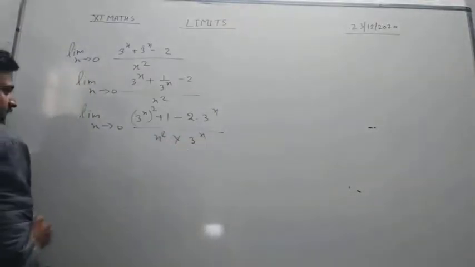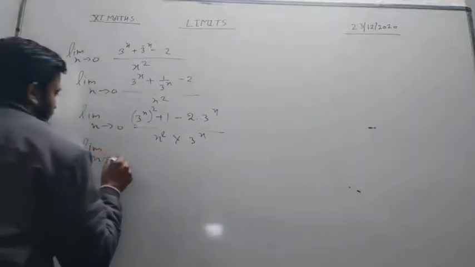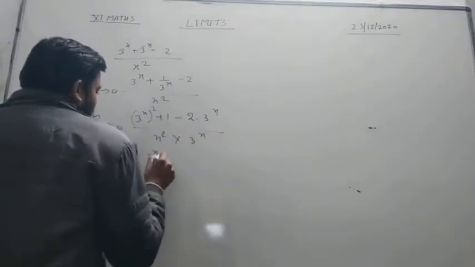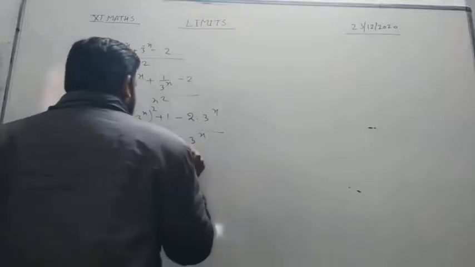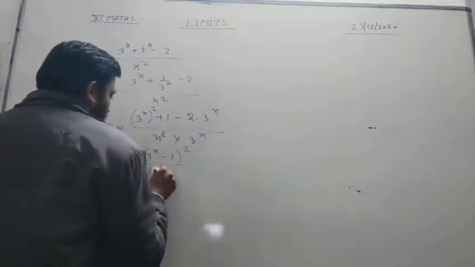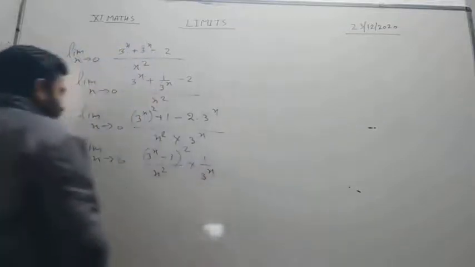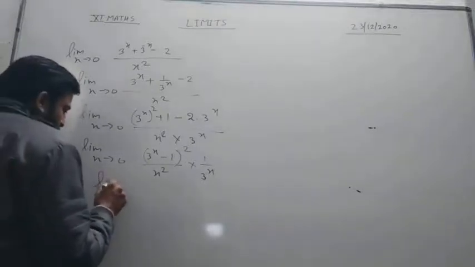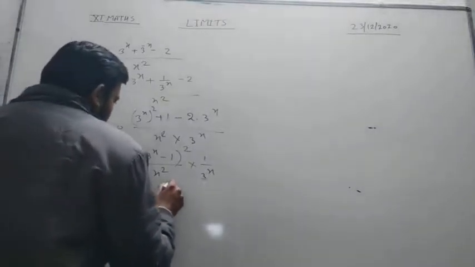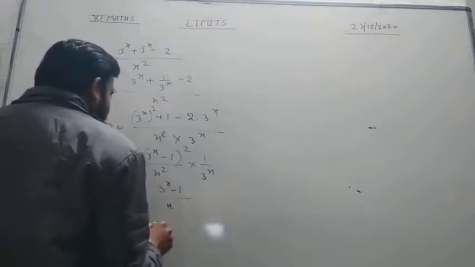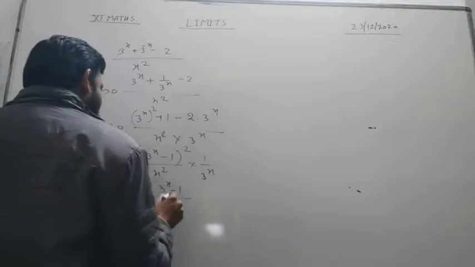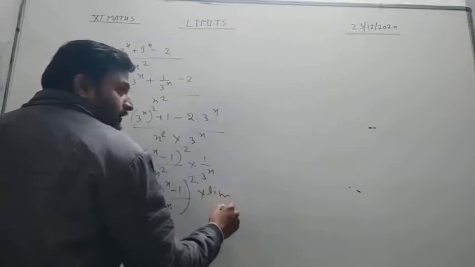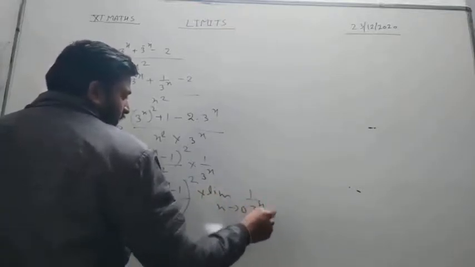Okay, now limit x tends to 0, we can write this as a² + b² − 2ab. So this can be written as (3^x − 1)² over x² into 1 by 3^x. So limit x tends to 0, ((3^x − 1)/x)² into limit x tends to 0, 1/3^x.